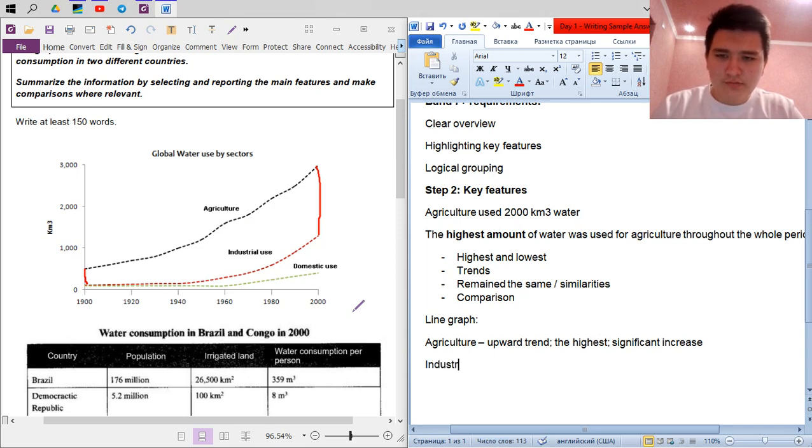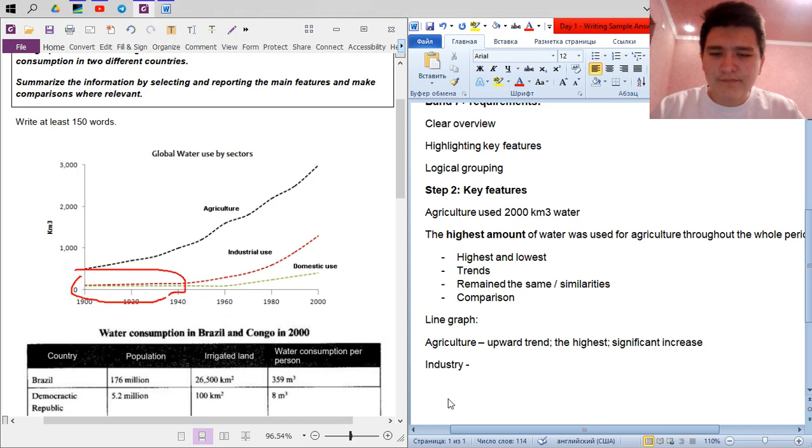In this industry, I think, now it's like, all right, here it's seen, what? Oh my God, it's really messy. Here, from 1900 to 1940, it remained the same, and only then the increase was not really steep, right?